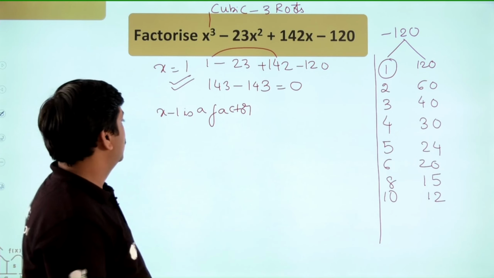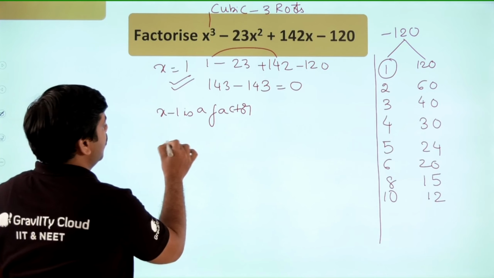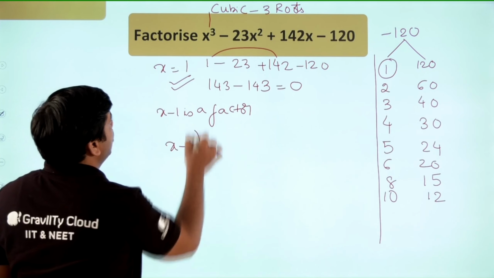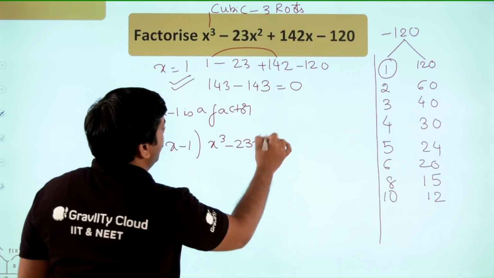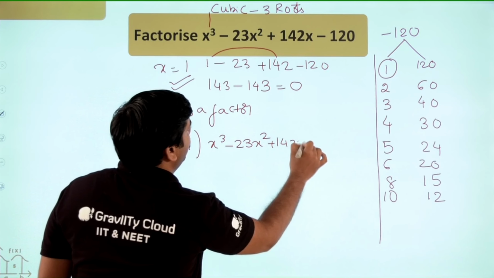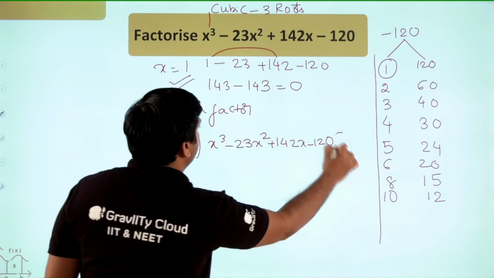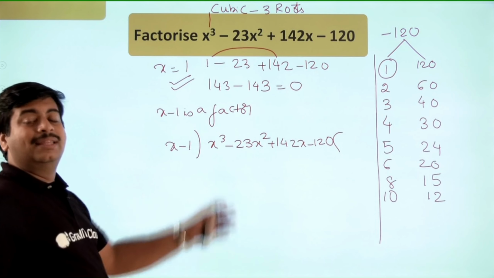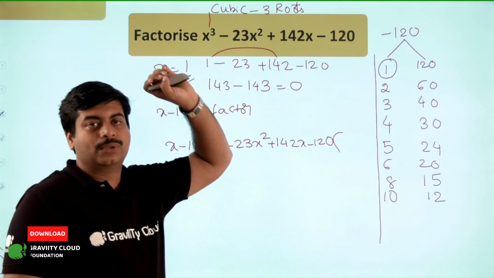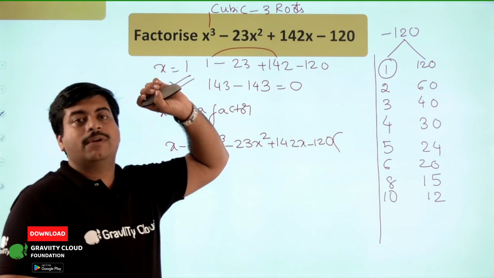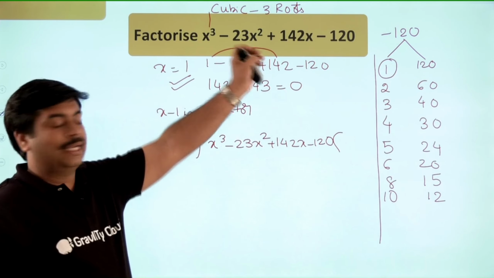Let us verify that. Let us try to divide x cube minus 23x square plus 142x minus 120, so that we get the quotient from where we can get the other two roots, correct?